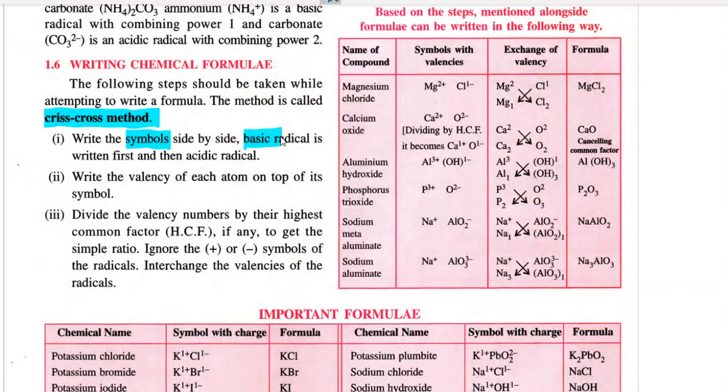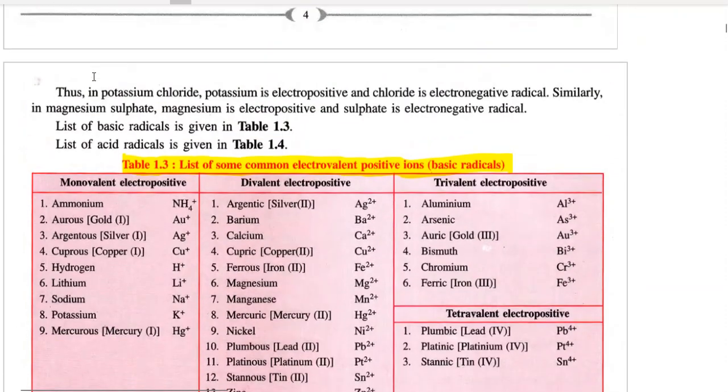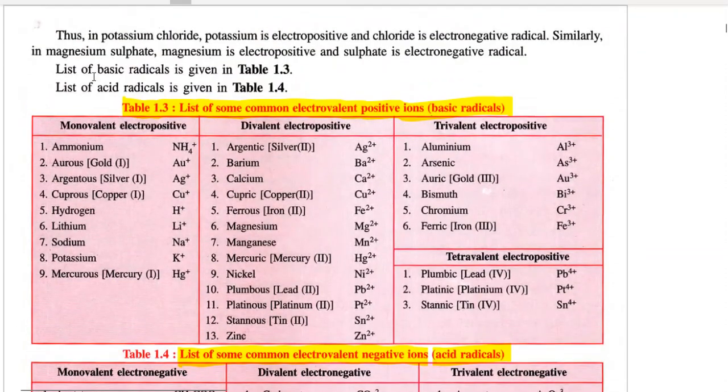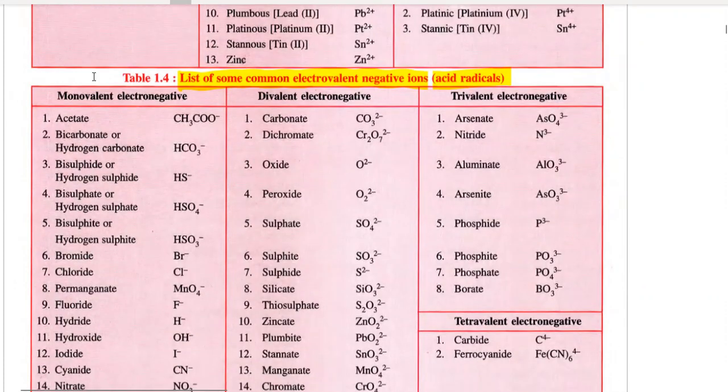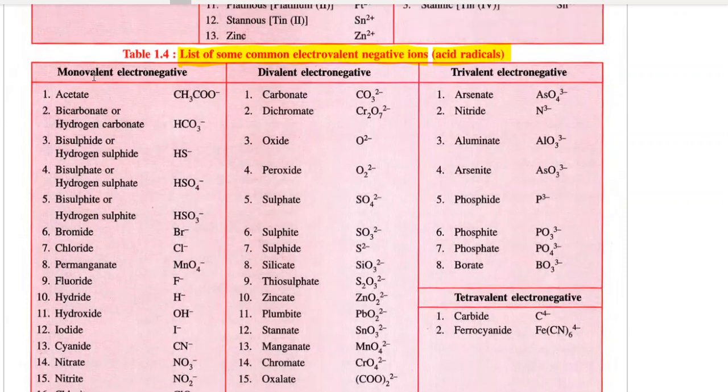Basic radical. What is basic radical? I told you that the electrovalent positive ions or positive valency elements are known as basic radicals, and the negative valency radicals or electrovalent negative ions or electronegative ions are known as acid radicals.